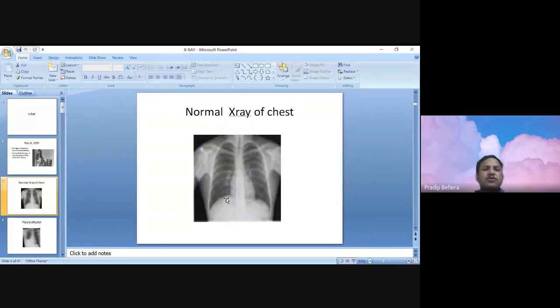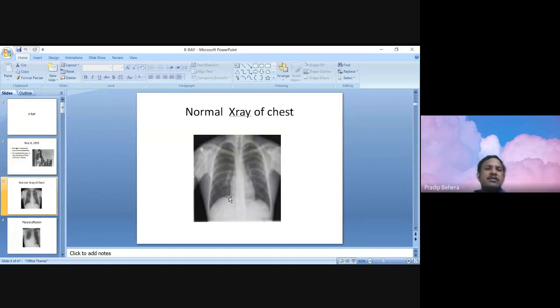Sometimes we see the dome of the diaphragm is elevated. Diaphragmatic palsy, phrenic nerve palsy, and other things cause the ipsilateral diaphragm to move up, or there can be a collapse of the lung just above the diaphragm. This leads the diaphragm to be raised.